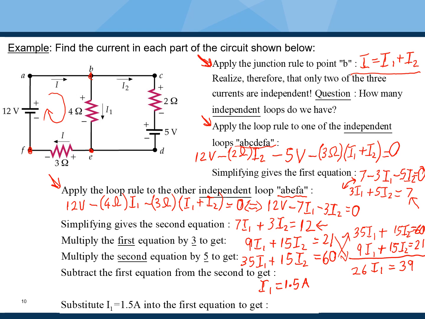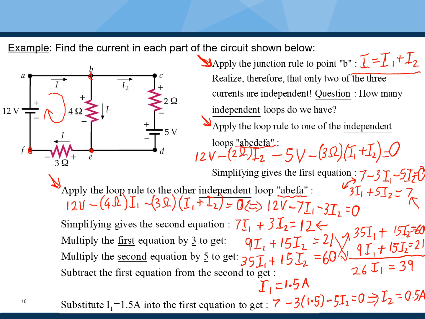So I can start with 7 minus 3 times 1.5 minus 5I2 is equal to 0, and I can clean this up. This gives me I2 is equal to 0.5 amperes.